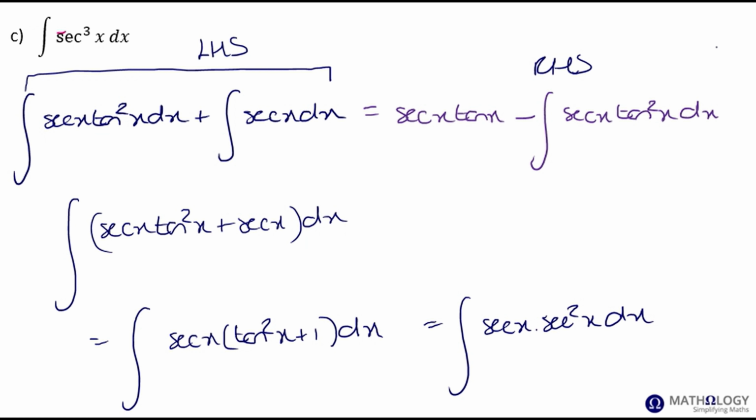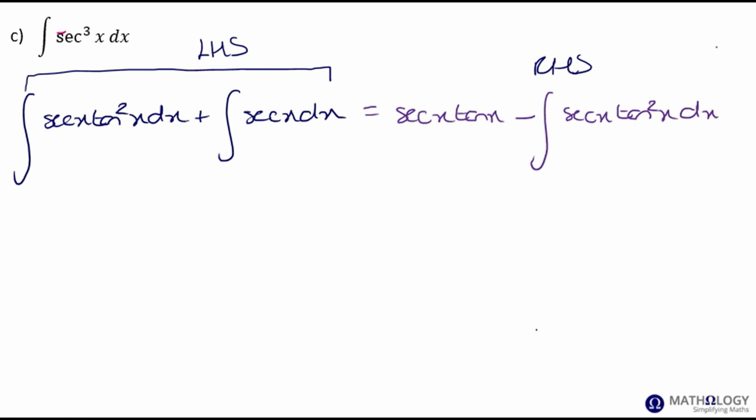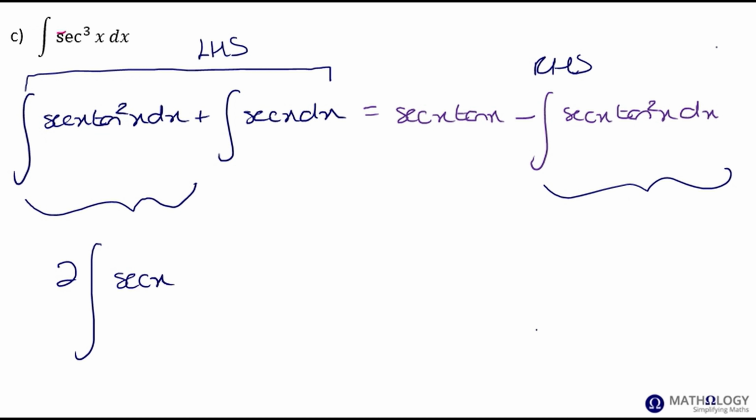The reason I've done this is because this integral on the left appears on the right as well, the difference being the sign of the integral on the right. So we're going to move this integral over to the left and get 2 times the integral of sec x tan squared x dx. And at the same time, we're going to move this integral over to the right.